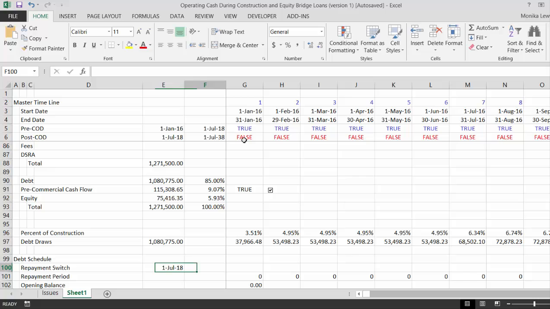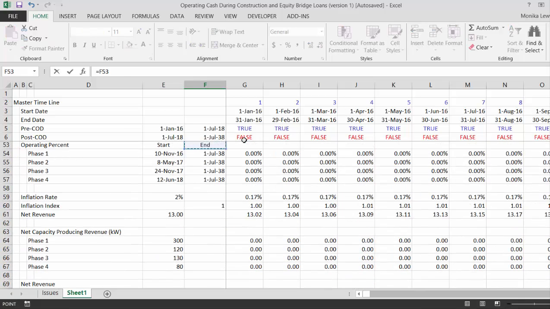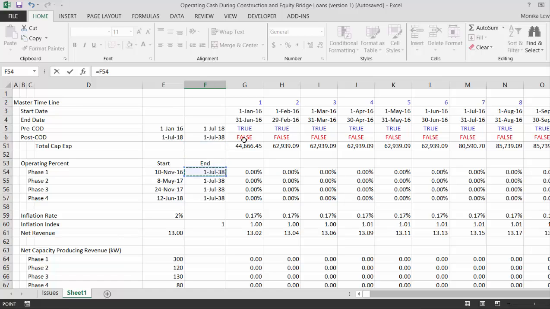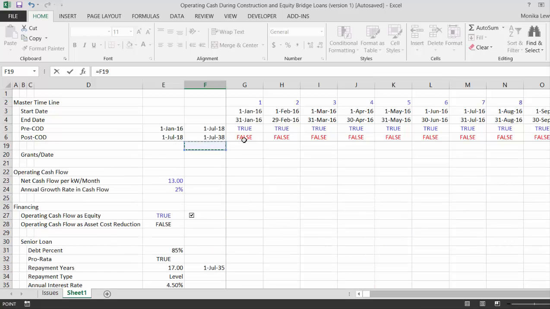And that trick is to reduce the amount of equity and actually delay the repayment. Well, I guess the bankers wouldn't like that because they want to get repaid earlier, of course. And then we have a repayment period.